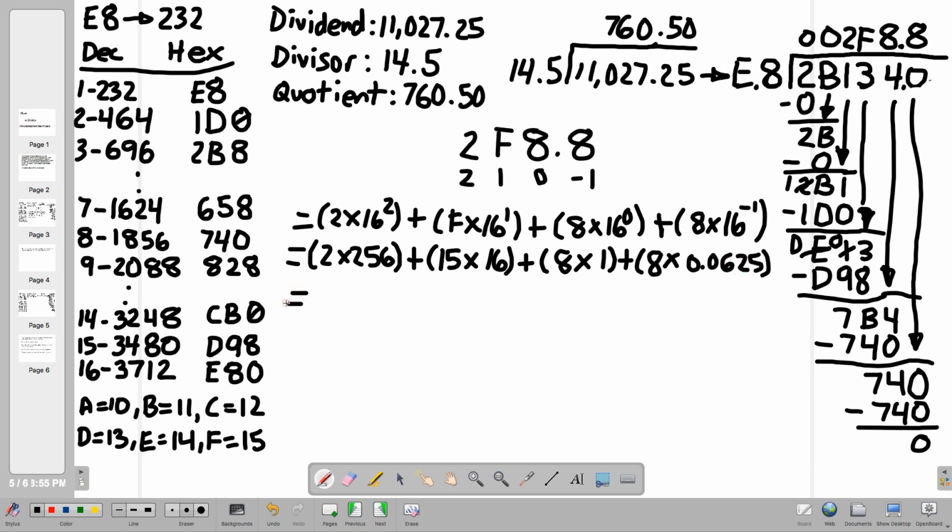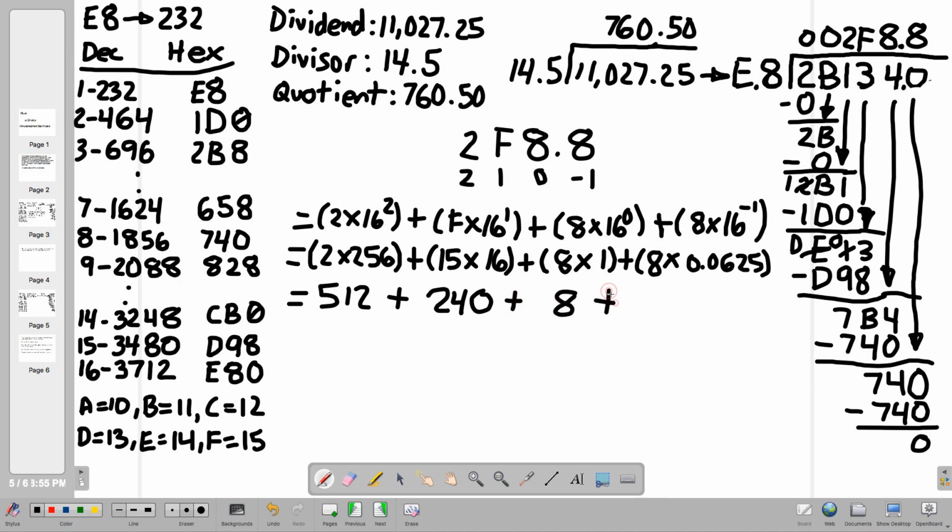Okay, so let's multiply this out. I got 256 times 2, that's 512. And then we got 15 times 16, that's represented as 240. Then 8 times 1 is 8.